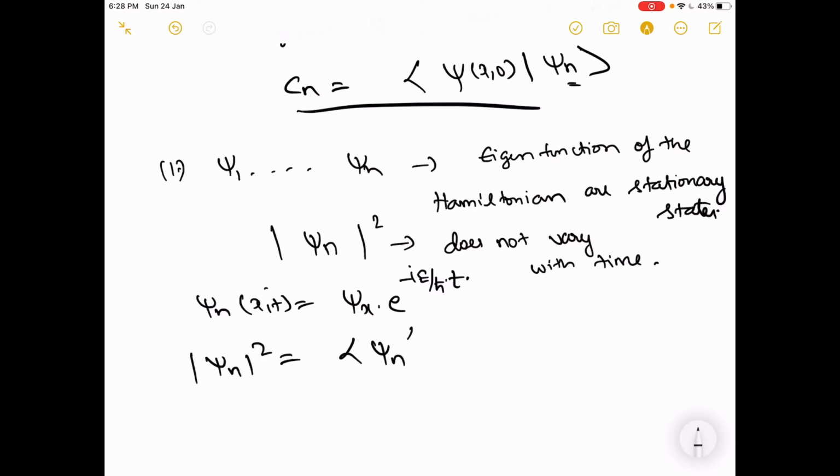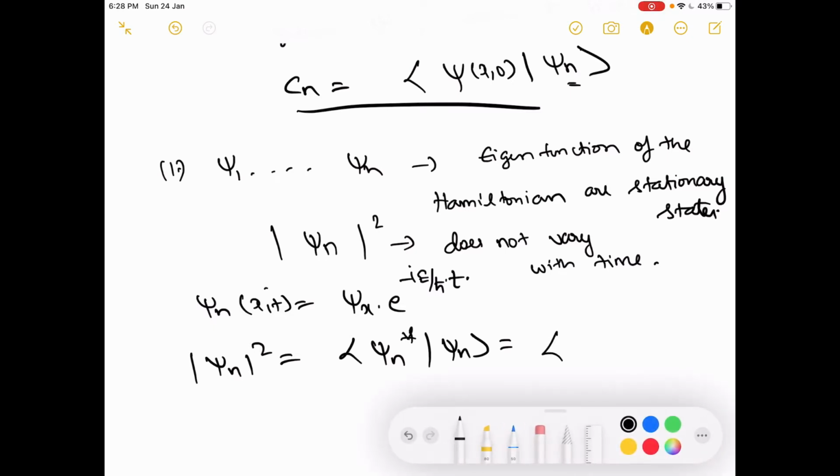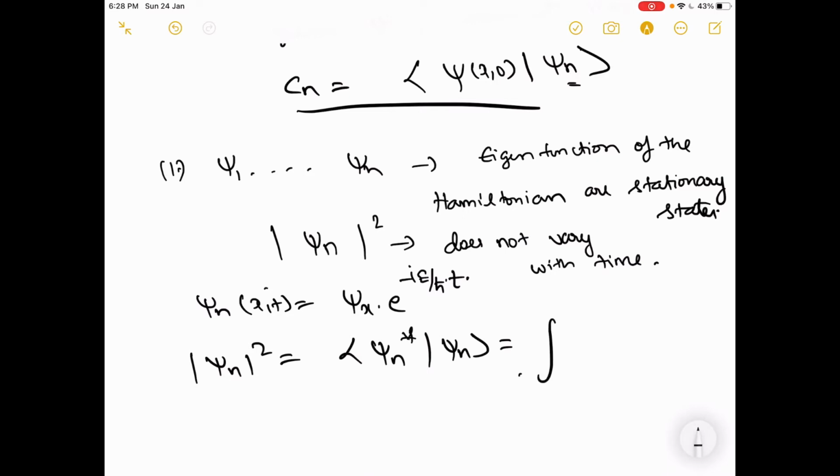It is psi n star psi n, which will turn out to be some integral e power minus iE by h bar t psi n star e power minus iE by h bar t psi n dx, right?